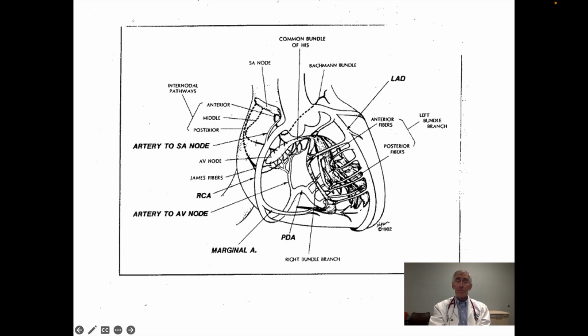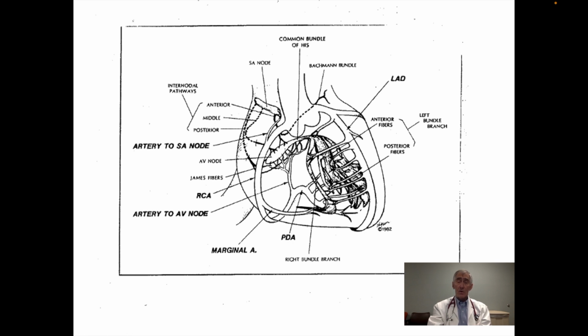And the left bundle, which has two other fascicles with it, called the anterior fascicle and the posterior fascicle, which is pertinent towards conduction abnormalities, which we refer to with our axis deviation as left anterior fascicular block and left posterior fascicular block.